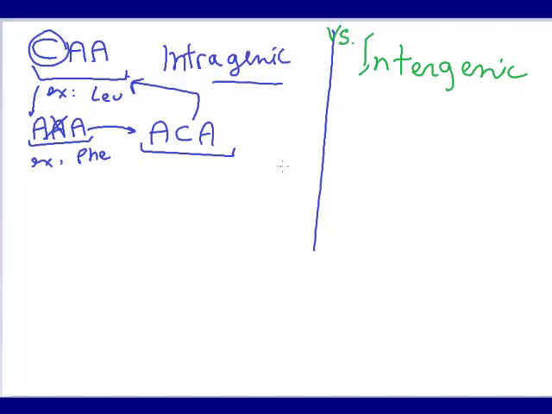Now, a case of intergenic mutation, what can that be? Something that would happen in one gene, and mutations are going to be permanent. So let's see. You have a particular protein. Here is your protein.